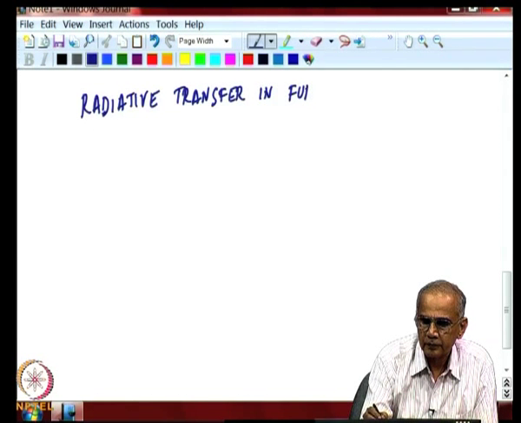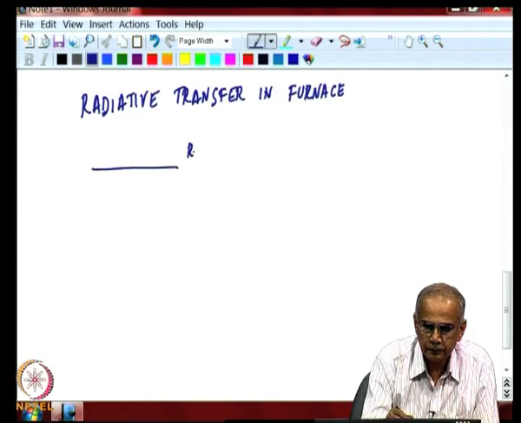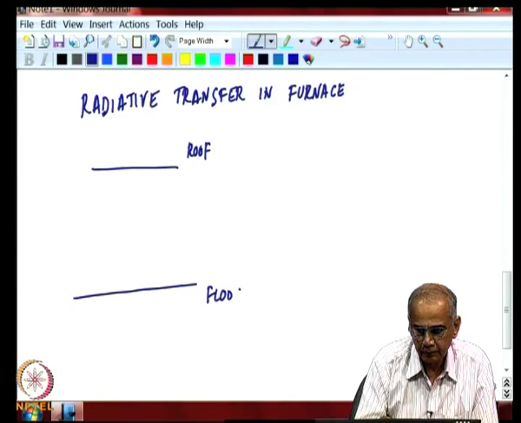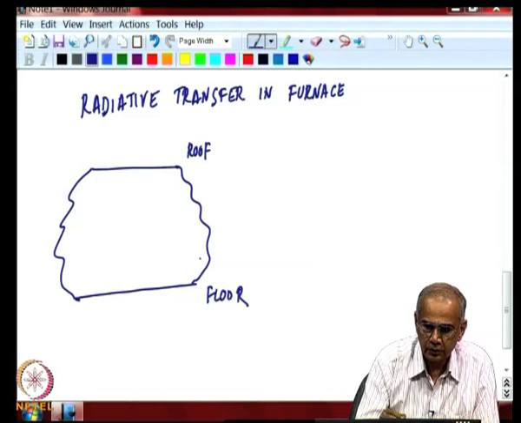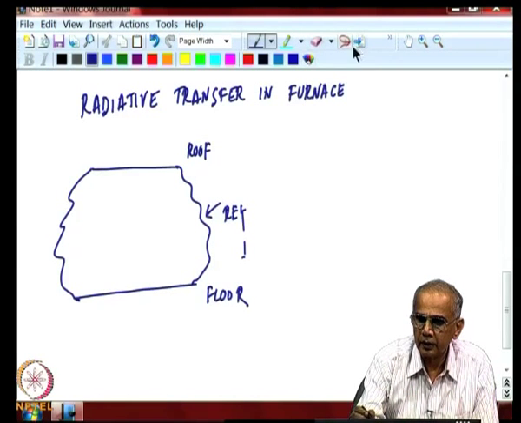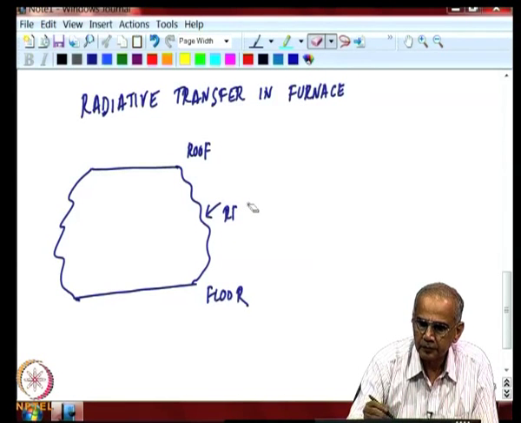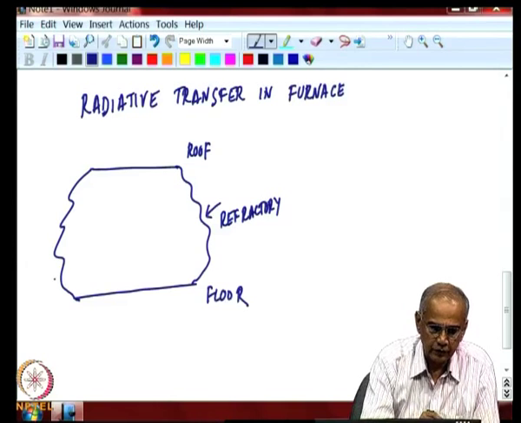A typical furnace, and here we are talking of a metallurgical furnace, not one used in a power plant, has a roof and a floor, and some side walls, which are refractories, whose job is to really reflect the radiation and avoid leakage of radiation. This is also refractory.